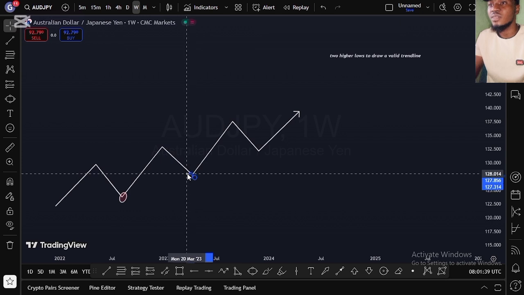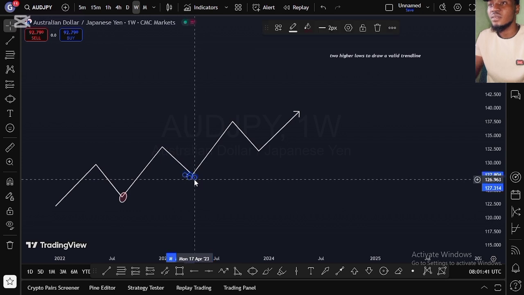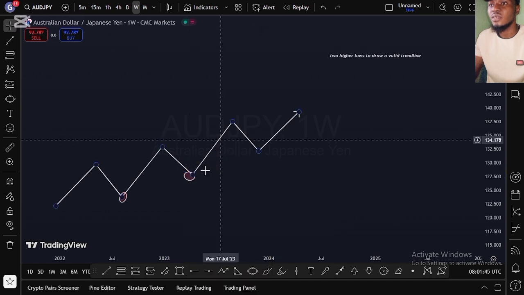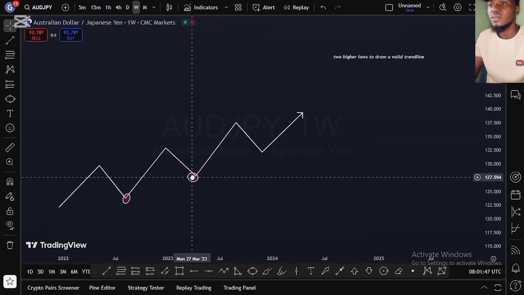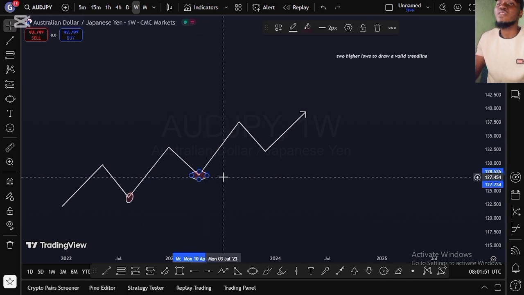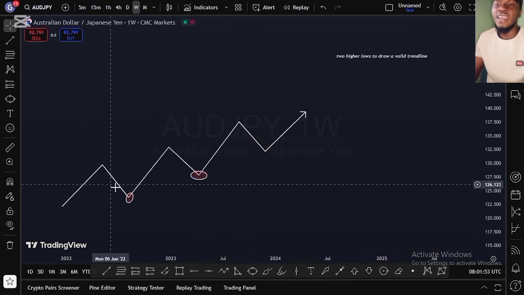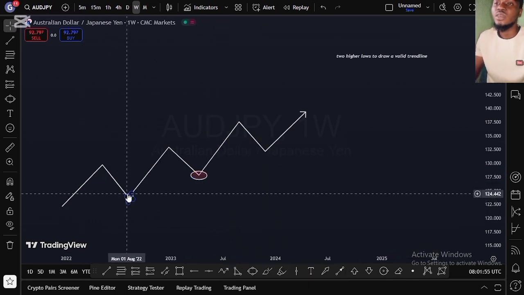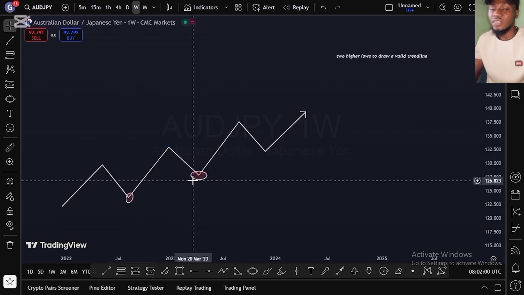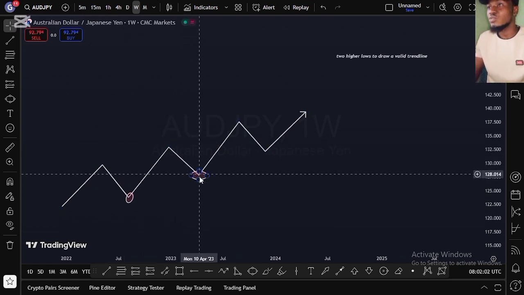Let me expand it a bit. Oh, my network. Okay, so as you can see, this is a higher low, an impulsive move, a pullback, creating a new higher low in a bullish market. So that's what that rule says.